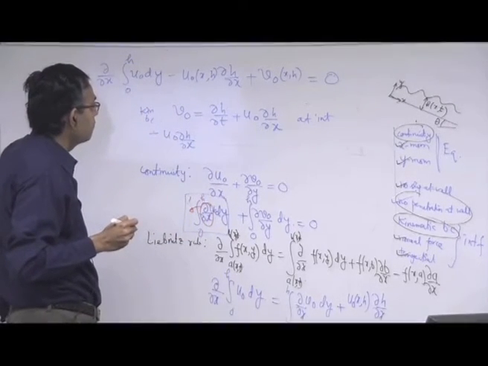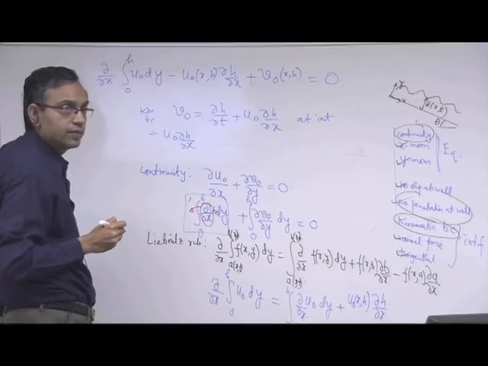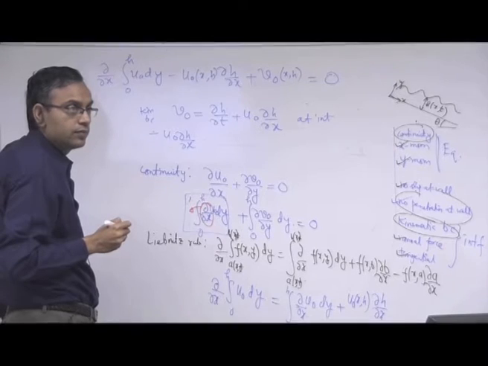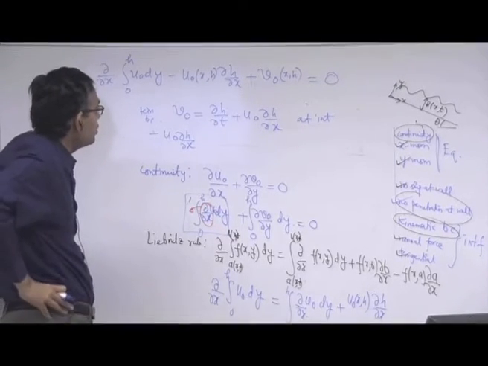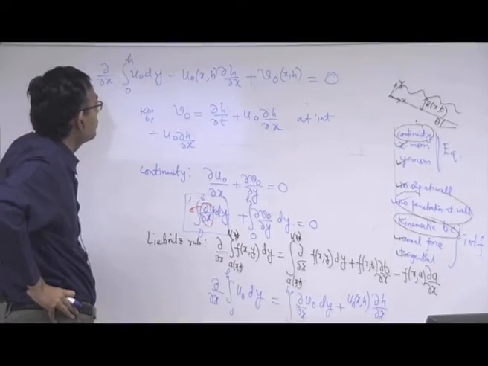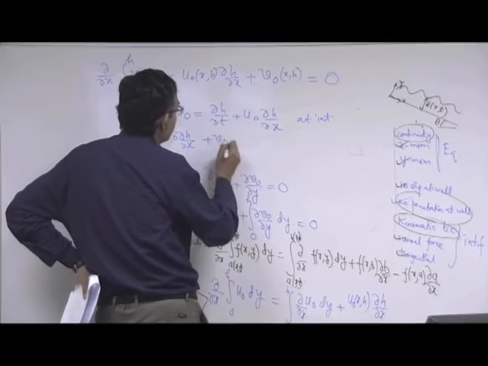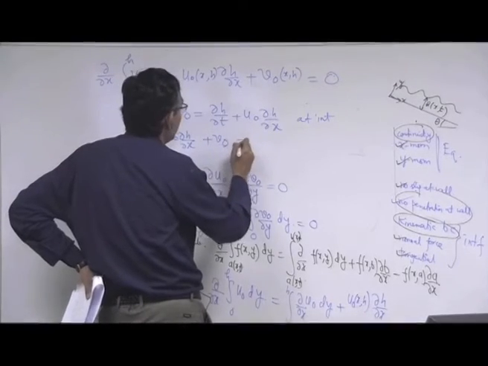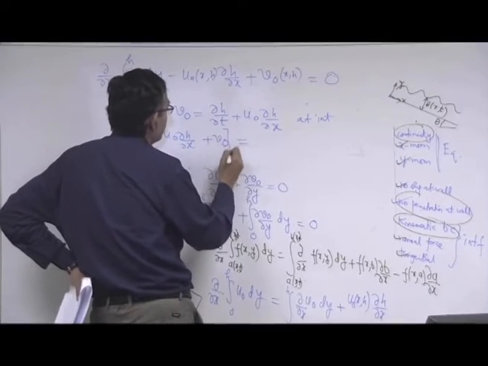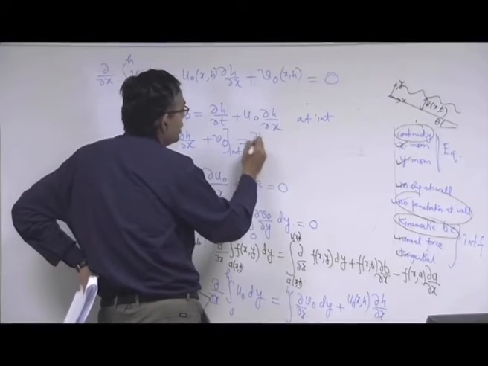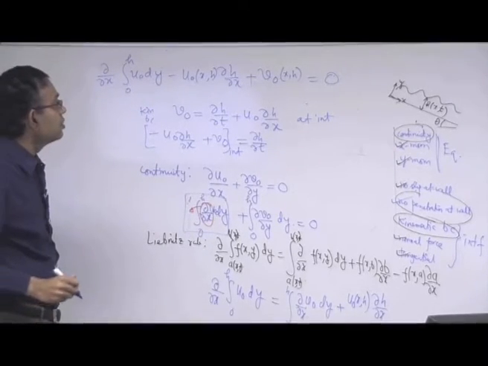This is all right. This is the kinematic boundary condition, right. So, minus u0 ∂h/∂x plus v0 is equal to what? At the interface it is equal to ∂h/∂t, right.